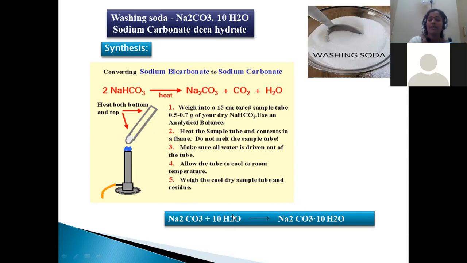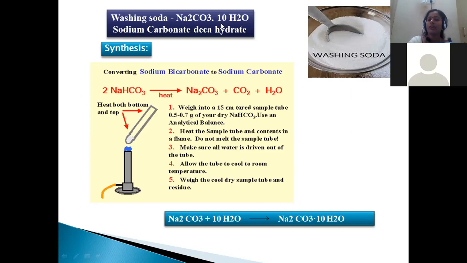So it should be cooled to room temperature, and obviously there is a loss of weight, because when bicarbonate is converted into carbonate, there is a release of carbon dioxide and water molecules, right? So here, the sodium carbonate generated is anhydrous in nature, but that is not the exact washing soda. What is washing soda?